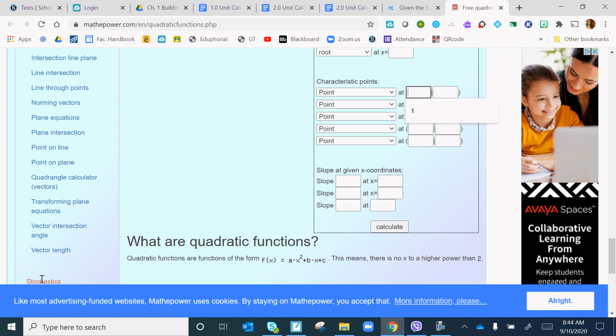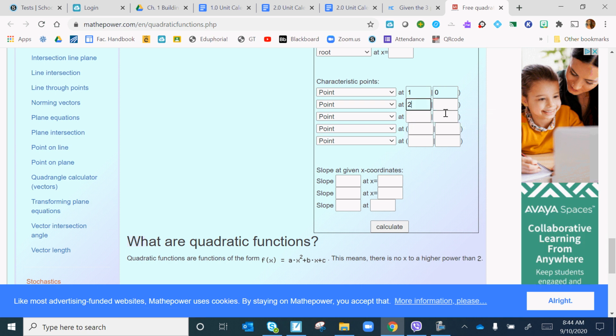This one was 1 person at the party, 0 handshakes. 2 people at the party, 1 handshake. 3 at the party, 3 handshakes. And you can actually add a couple more points. 4 people at the party, 6 handshakes. All you need is at least 3 though, or 4. So that's all I'm going to put. Then you just have to click calculate down here.